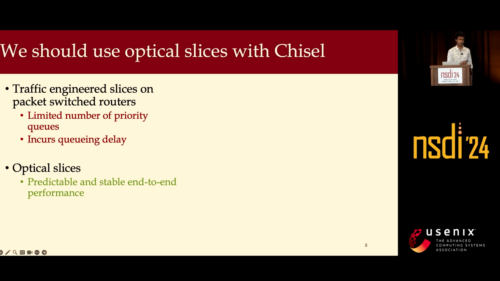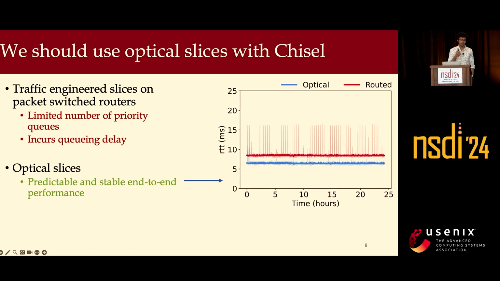while using fewer resources. To demonstrate this, we ran an experiment over 24 hours where we measured round-trip time between Ithaca and Syracuse on the same physical infrastructure on a wide area network. The blue line is the RTT of the optical path, and the red line is the RTT of the routed path.